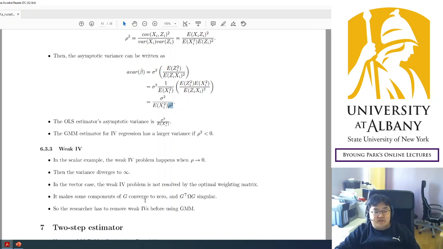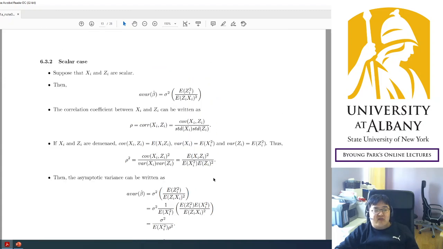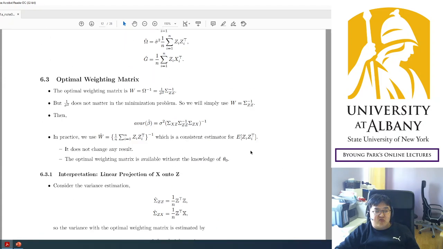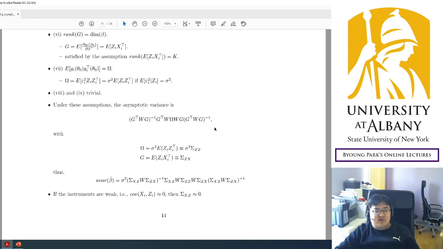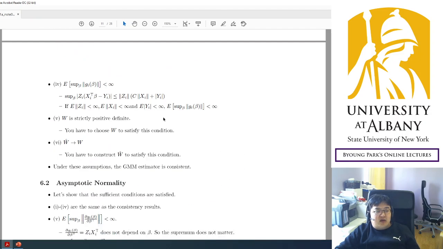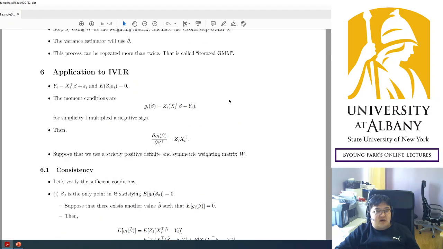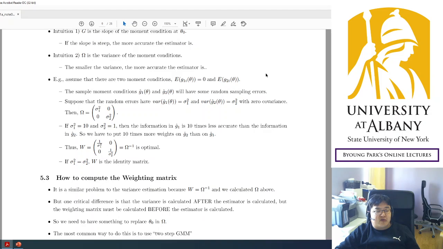And also it makes this matrix singular. So the variance matrix, where do we have it? So this variance matrix, where is it? I have to go much further.